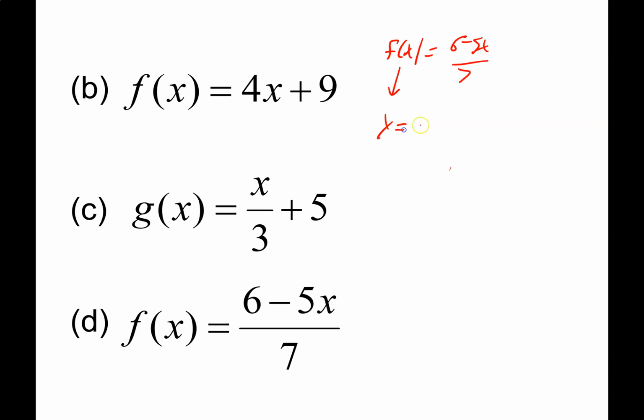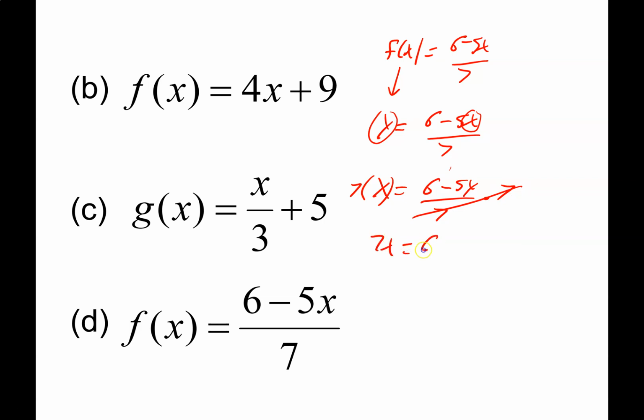F of x is another way to say y. Now we find the inverse. You switch x and y, so it becomes x equals (6 minus 5y) over 7. And now we look to solve for y. So first thing I'm going to do, if that fraction bothers you, it's about to be made easier. I'm going to multiply both sides by 7 to get rid of that off the bottom.